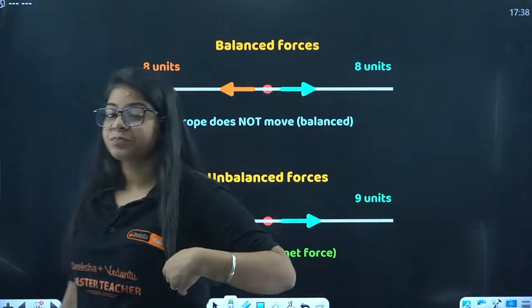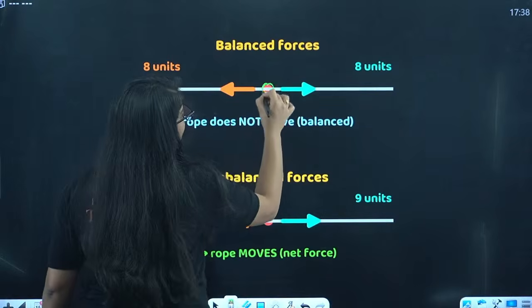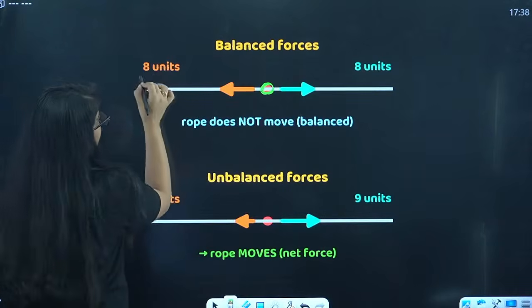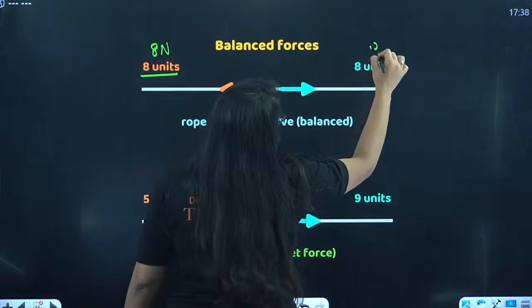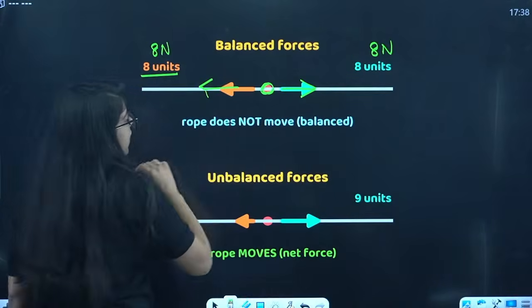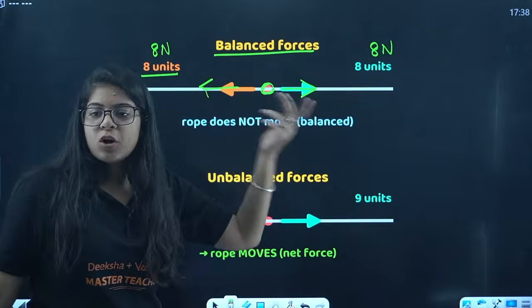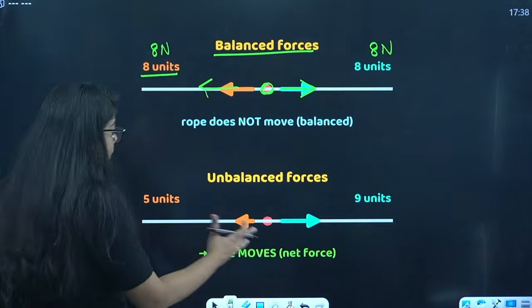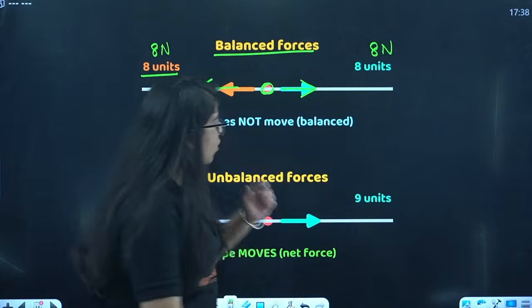Okay, beta? Now, this is just a random example I got. You are playing tug of war, okay, and your opponent is applying a force of 8 units, or you can also write 8 Newton, and you are also applying 8 Newton in the opposite direction. So, this will be a balanced force. This point will no longer move in any direction. But your opponent is just applying 5 Newton. He's a kid and you are very powerful.